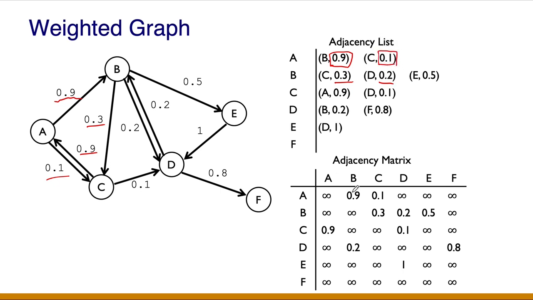For the adjacency matrix, it's very similar as before. It's just that instead of 1 or 0, we use a numerical value to represent the weight. But the critical thing that makes it very different from before is that all the previous zeros, which indicated that there's no edge connecting a pair of vertices, are now replaced by the sign of infinity, to indicate that it's impossible to travel from A to D, for example, on this particular graph.